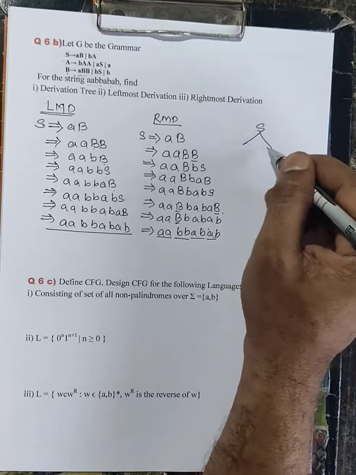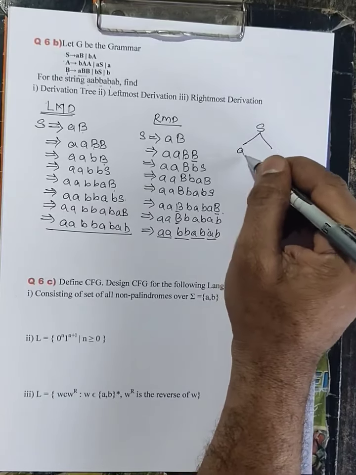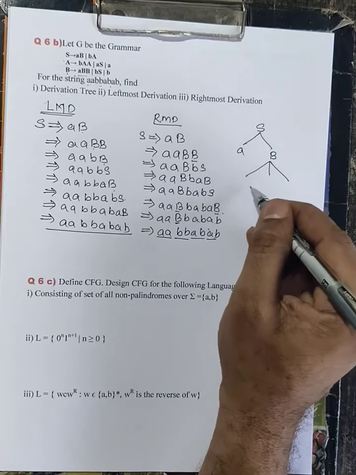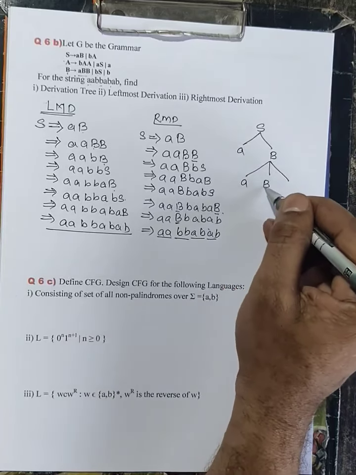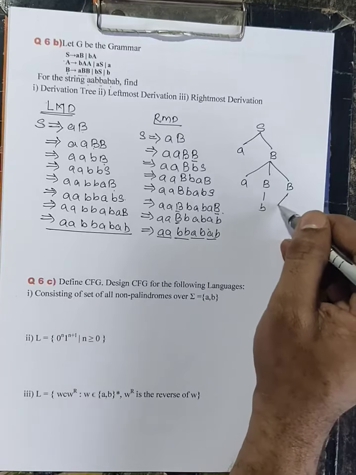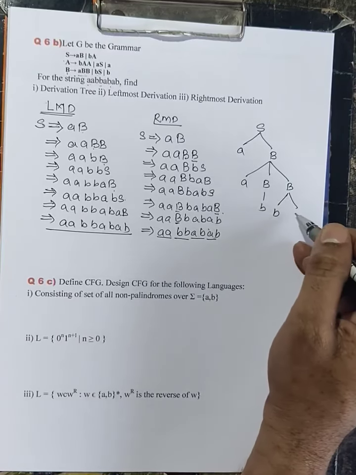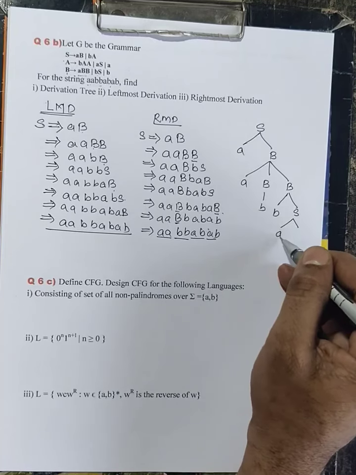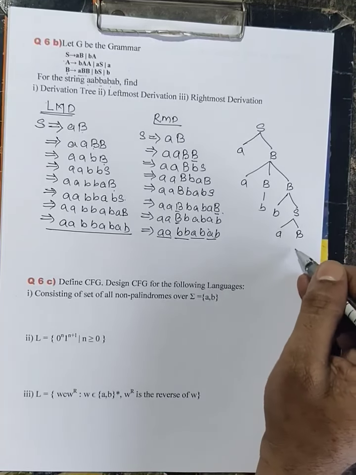S produces AB. Then again B replaced with ABB. This B produces B. This B produces B. Again this is AB.